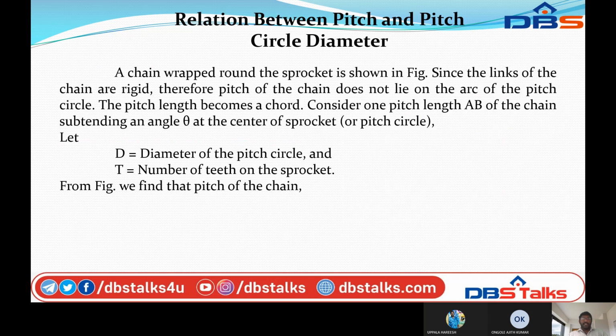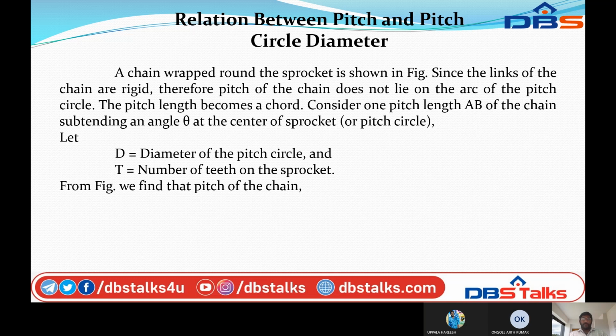Next, relation between pitch and pitch circle diameter. A chain wrapped around the sprocket is shown in the figure. Since the links of the chain are rigid, the pitch of the chain does not lie on the arc of the pitch circle. The pitch length becomes a chord.